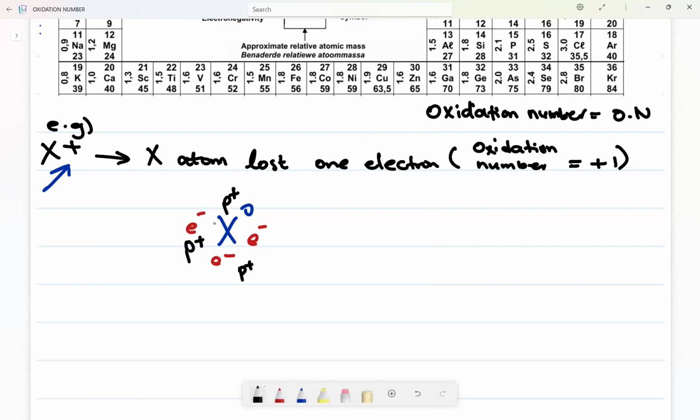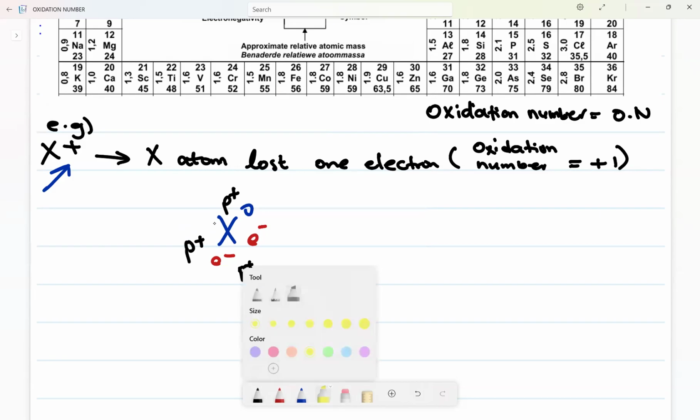But now we say X atom lost 1 electron. So when it loses one of the electrons, can you see the charge that is left? Let me remove an electron.